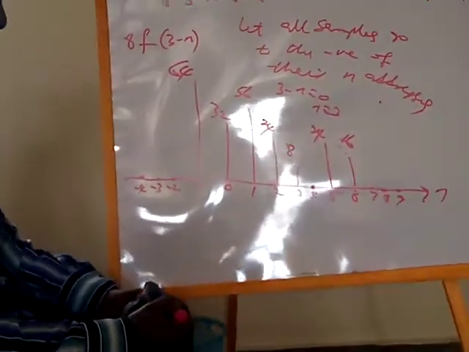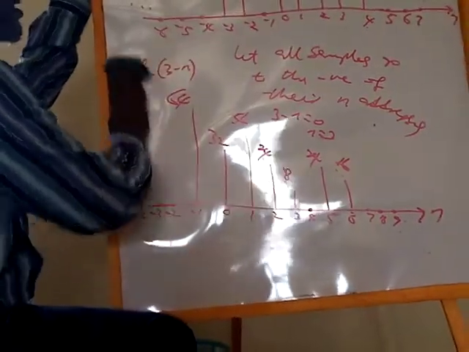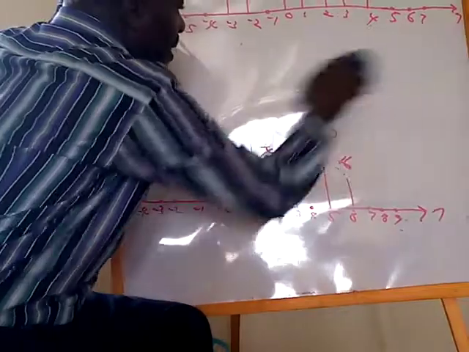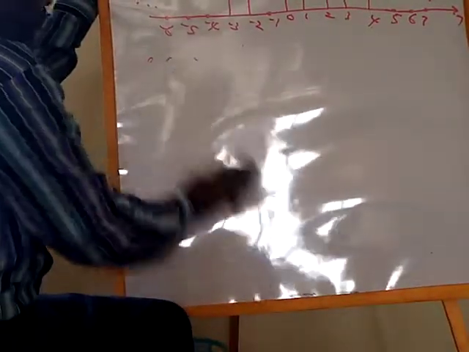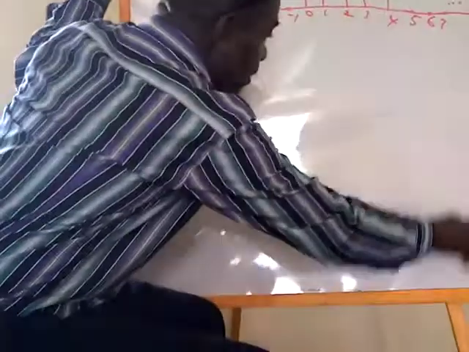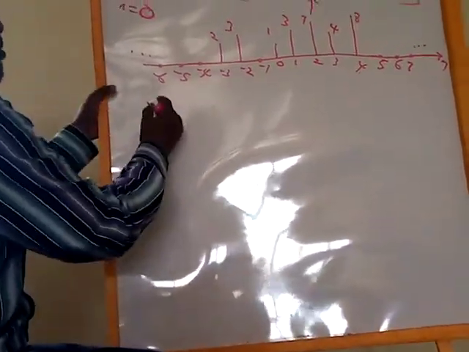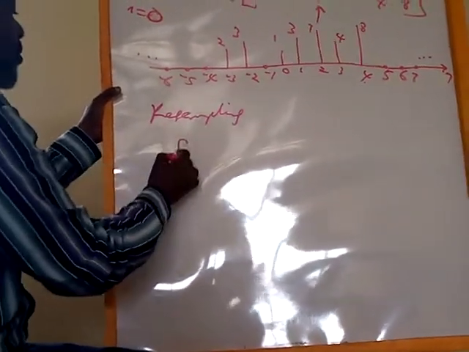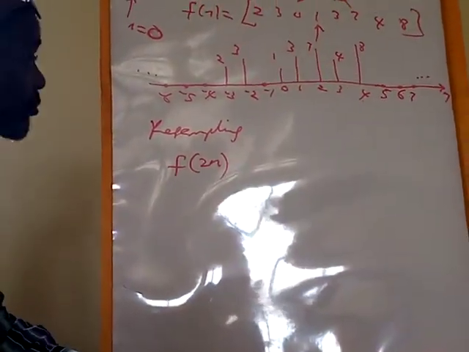Then there is also what we call resampling. Suppose they ask me to get F of 2n.